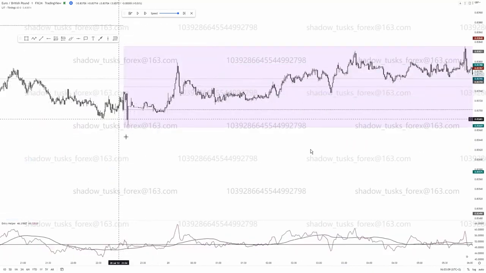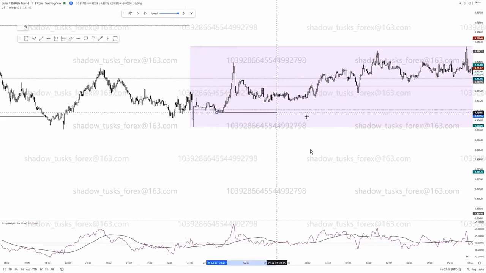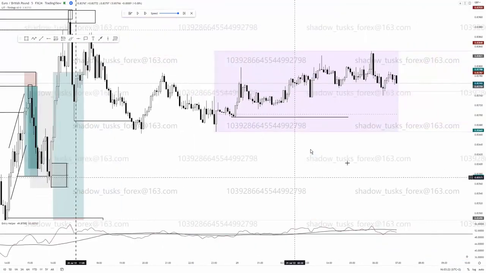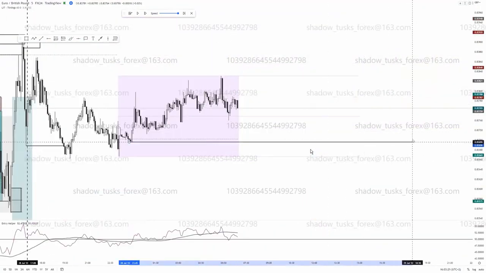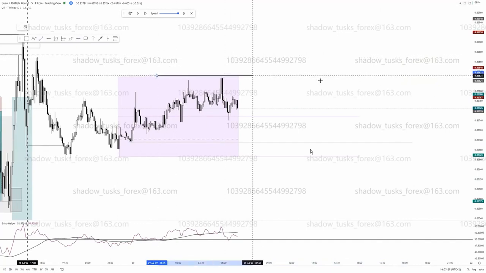These wicks don't exist. You can go check this day on something like Oanda, and I guarantee something like this will be Asia low. Again, it's a bit annoying, but it's just how it is. So that's Asia low. It's Asia high.